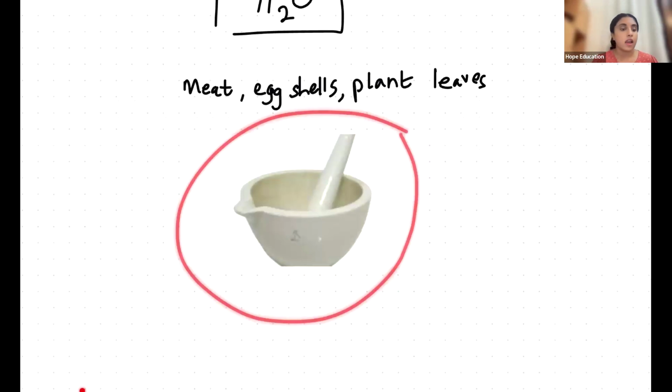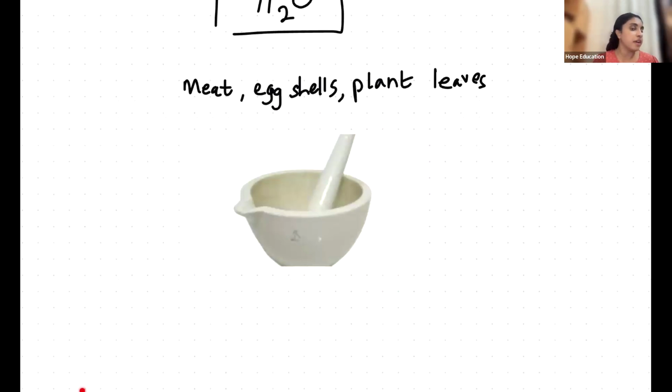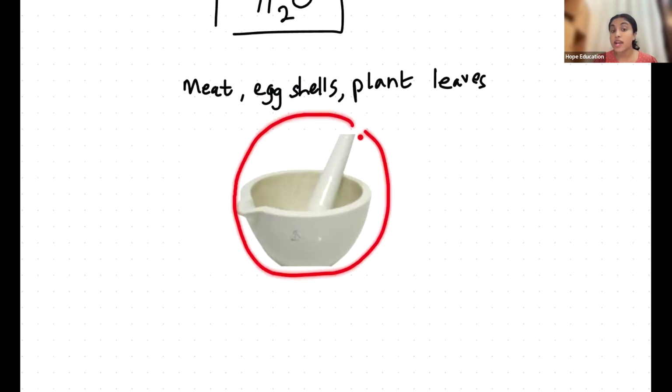One second. So, this is a mortar and pestle. This vessel is called the mortar, and the grinder-like part is called the pestle.